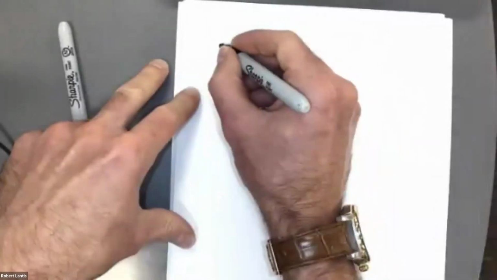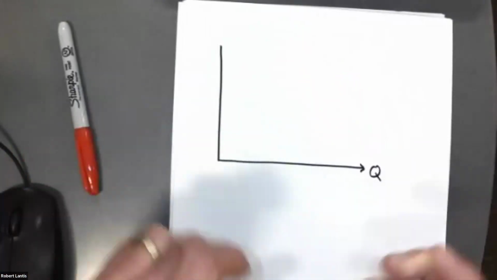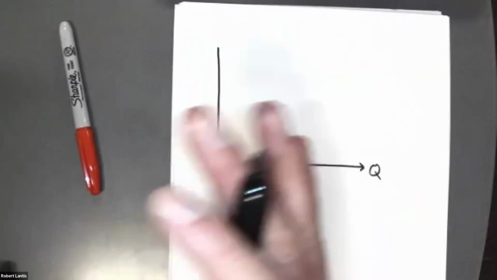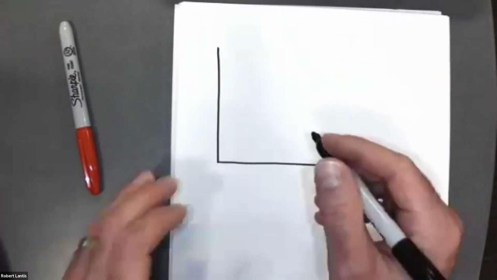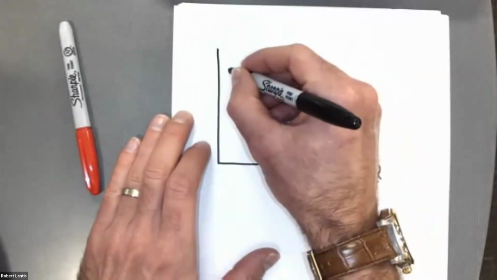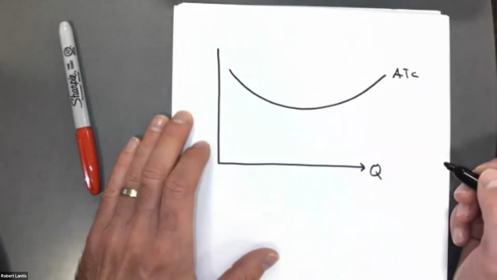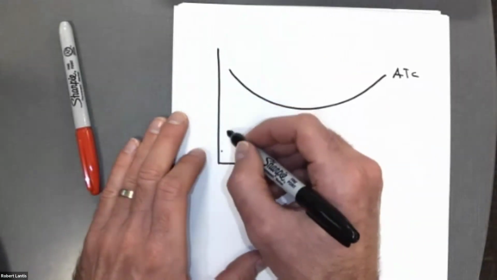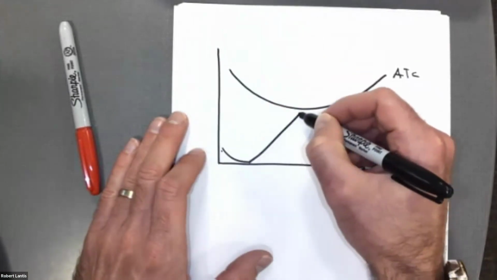So let's say I've got this short run. Some things I can't change. So I've got my quantity. I can draw out any firm's short run cost curve with the information that we talked about. There's going to be some average total cost, and it has this U shape to it. We're also going to have this marginal cost.